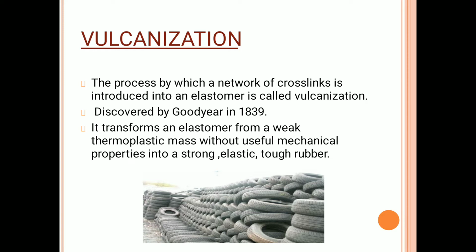It transforms an elastomer, for example a rubber, from a weak thermoplastic mass without useful mechanical properties into a strong, elastic, tough rubber. Vulcanized rubber has better physical properties than unvulcanized rubber.